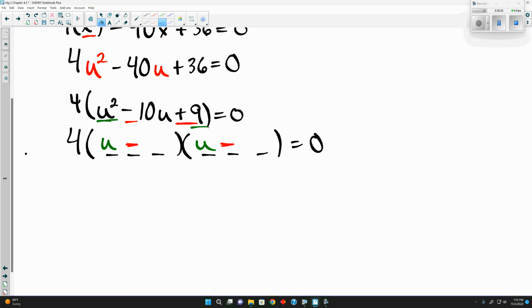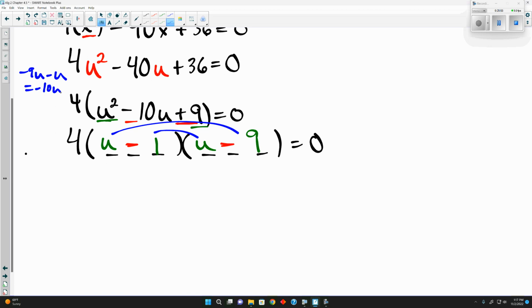Now the factors of 9 that we want, because we have 1 and 9 or 3 and 3, are 1 and 9, because we already did one with 3 and 3 earlier, and we got a middle term of 6. And we could check this here to make sure. U times negative 9 is negative 9u. Negative 1 times u is negative u, which does give us a negative 10u, which is the middle term we wanted. Questions on this so far?